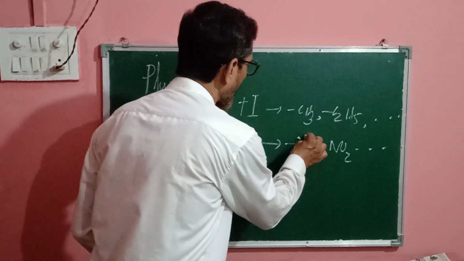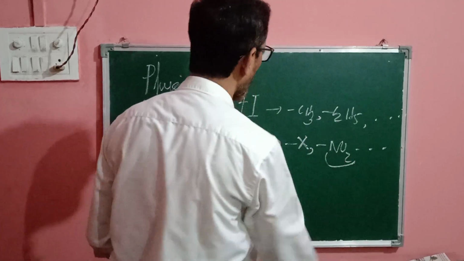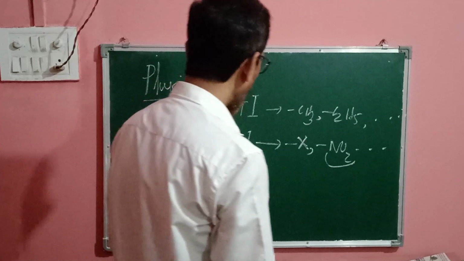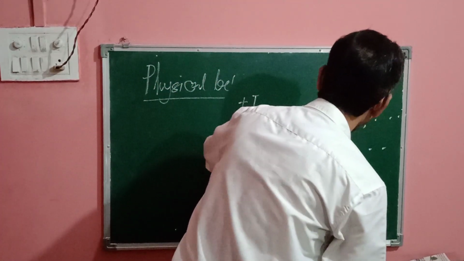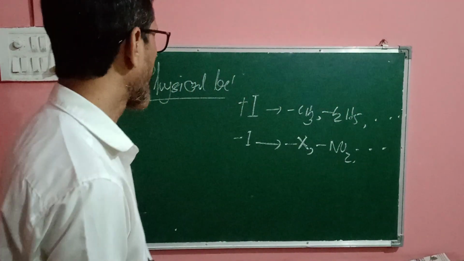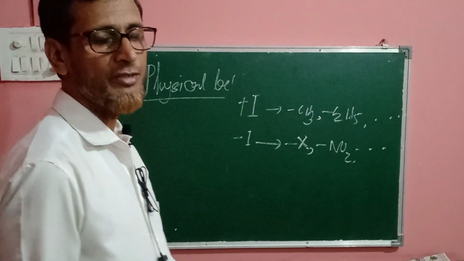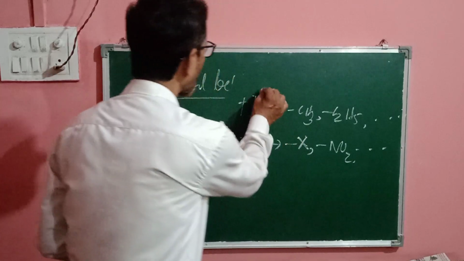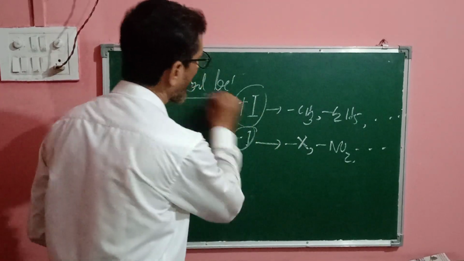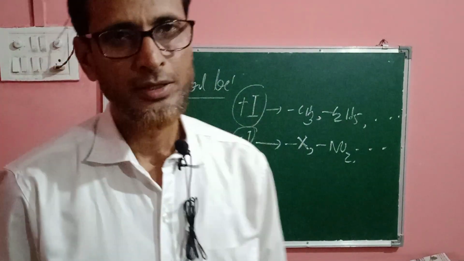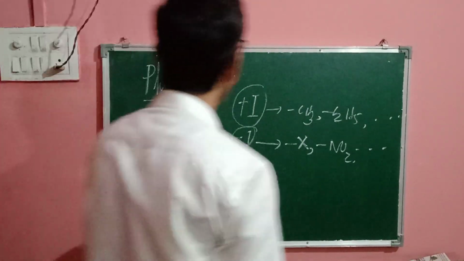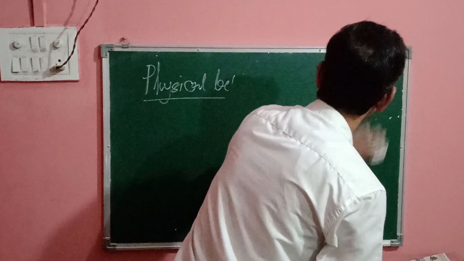And here halogens, single or groups, NO2, these are the ones that can withdraw electrons from the chain. So inductive effect you have got in first year, you know it very well. This plus I effect and minus I effect has a tremendous effect on the acidity of carboxylic acid.